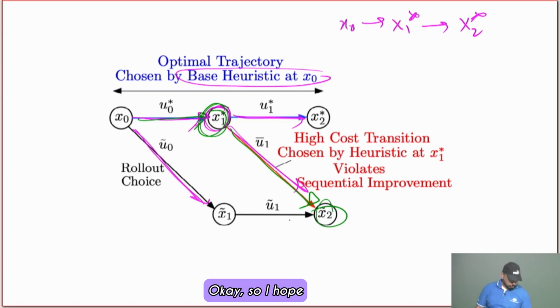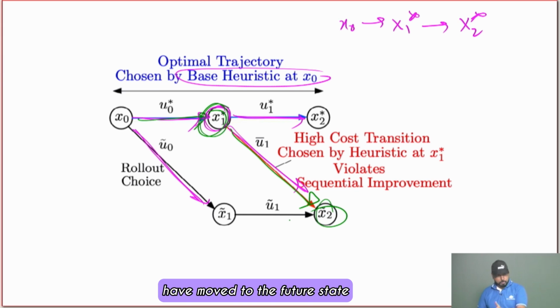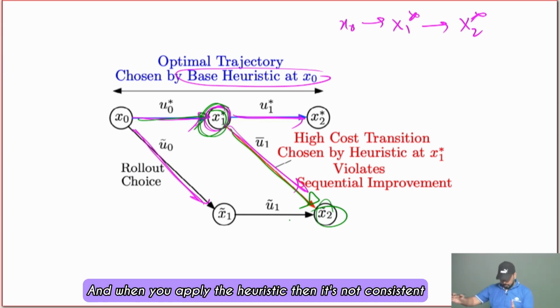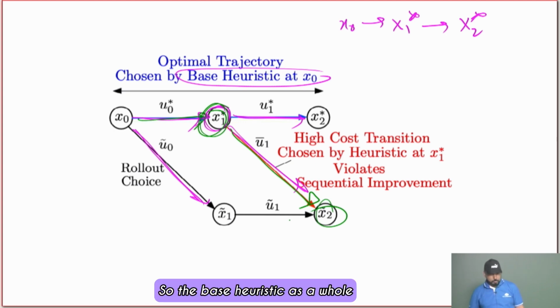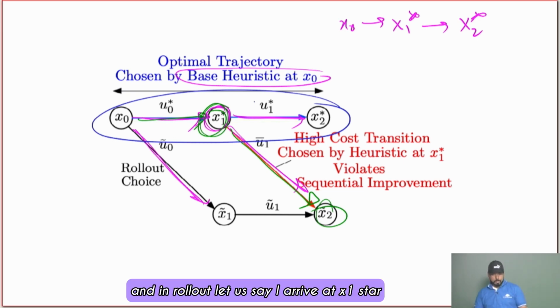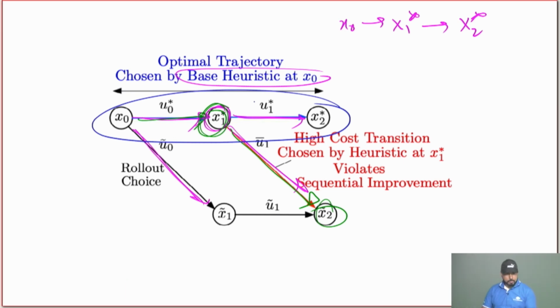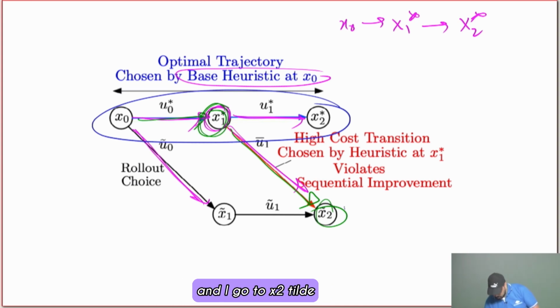Okay, I hope this makes sense to you. This change in the nature of the heuristic happens after you have moved to the future state, and when you apply the heuristic, it's not consistent, so it goes the other way. So the base heuristic as a whole generates this trajectory, but when I do a rollout, and let us say I arrive at x1 star, and then I apply the base heuristic, then its nature changes and I go to x2 tilde.